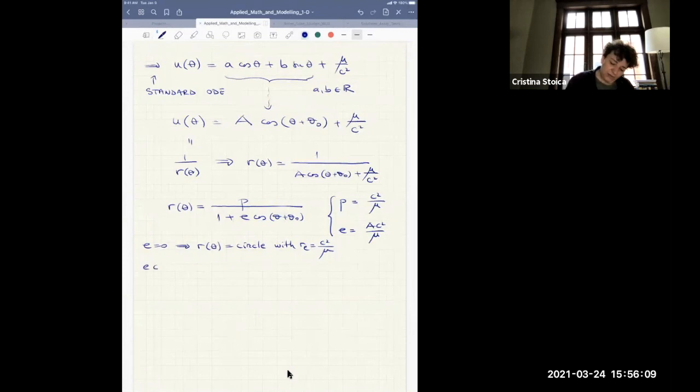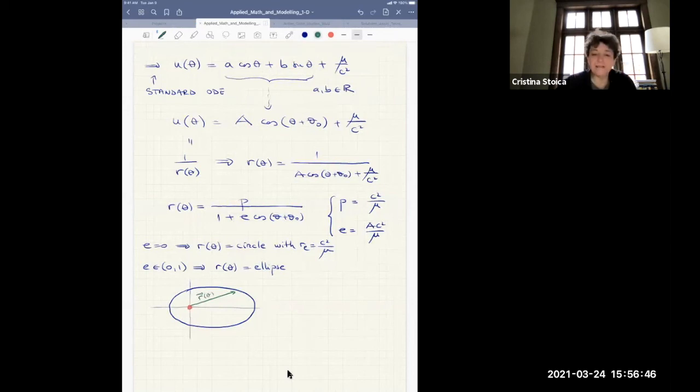Whereas for E between 0 and 1, you're going to discover that r of theta is an ellipse. We can do a course on ellipses in conic sections. So it will be something like this, an ellipse with the focus where the earth is, right? So there's the focus here. And this is our r of theta, right?